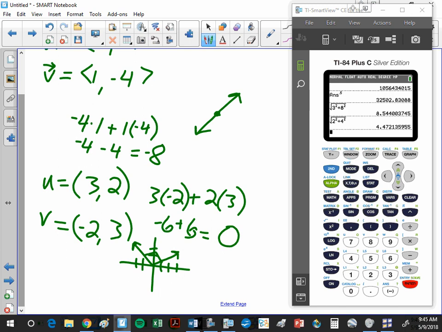And what if I made this vector twice as big? What if it was 6 comma 4? Is the dot product still going to be 0? 6 times -2 is -12, and 4 times 3 is 12. So the length of the vector didn't actually matter. It was just the direction. Whenever one vector is perpendicular to another vector, the dot product will be 0.